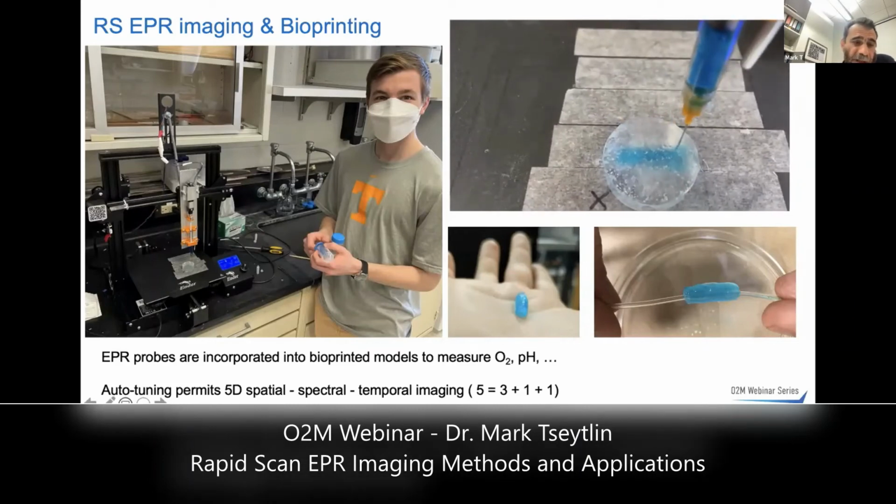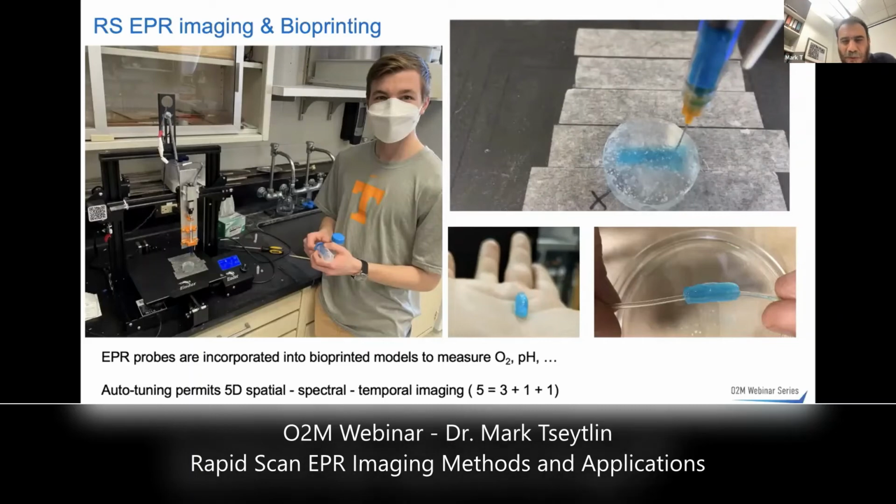Again, we are completely happy with our auto tuning system. Our goal is to start doing 5D imaging, which is 3D, X, Y, and Z, plus spectral and temporal, because when it comes to all this bioprinting, you don't want to only measure oxygen, you also want to see how much oxygen is delivered and how much oxygen is consumed.